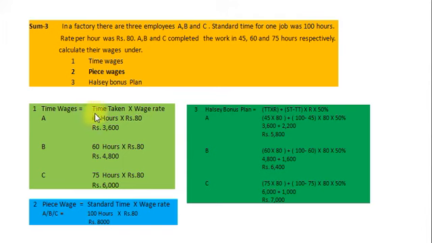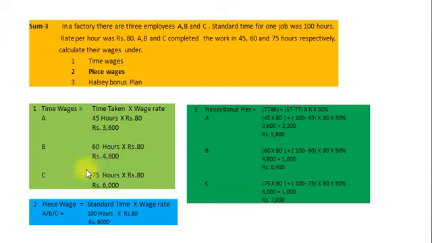So first, labor A completed work in 45 hours. So 45 hours multiply rupees 80, so wages amounts to rupees 3600. Now labor B, time taken to complete the job 60 hours, multiply rupees 80. So wages amounts to rupees 4800.